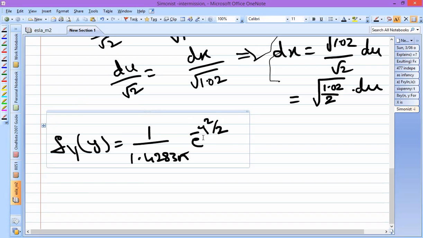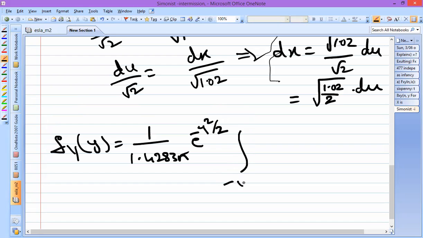Now when you come to the terms within the integral, when you change the x variable to the u variable, the integral limits of x also change to the u variable's range. Here that also remains the same, minus infinity up to plus infinity.